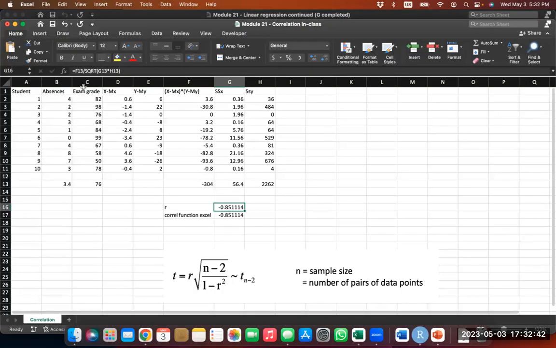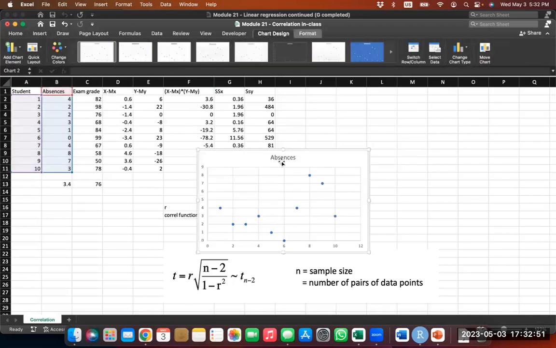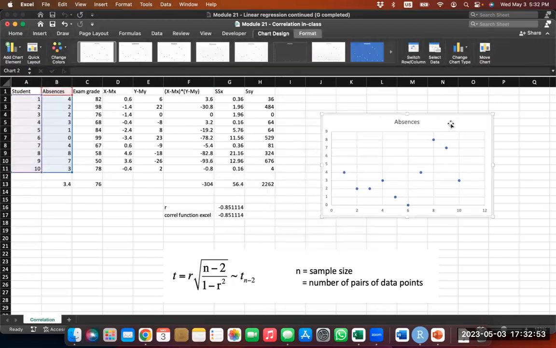We can also quickly depict this as a scatter plot that gives us a visual. This will be the practice lab in a second. We have open practice lab number 5, the code that is posted on Canvas.